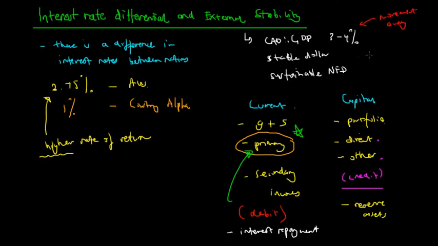What is going to happen is that when the CAD increases because of this interest rate differential, because we need to pay interest back to foreign investors for their investments in our financial assets, our net foreign debt will increase given that the current account deficit for that specific year has increased.